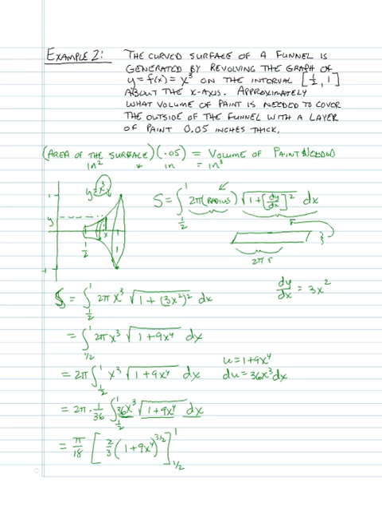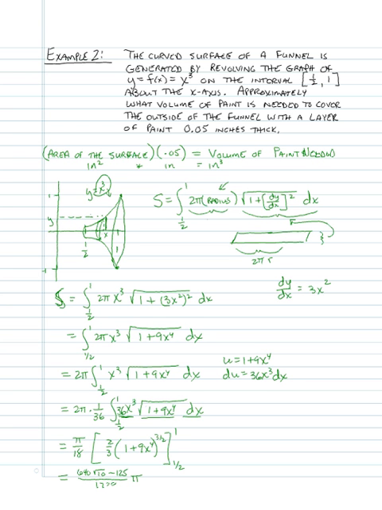Well, let's see what result we get here. Now, with a little bit of work here, and I'm going to leave that to you, here's what I get. I get that's equal to 640 times the square root of 10 minus 125, all of that divided by 1728.